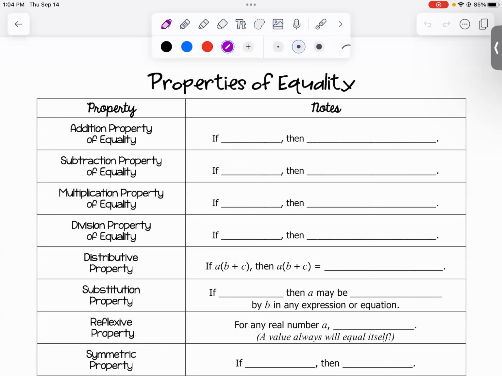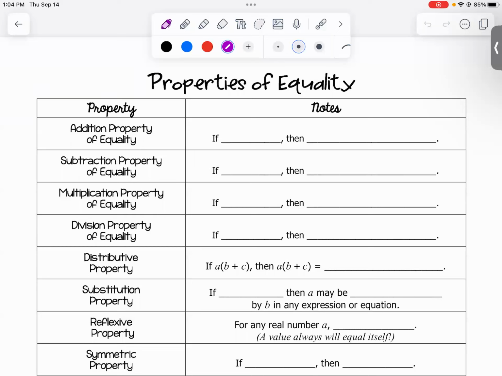Okay, so when we write a proof, we have to justify every step. Why did you do what you just did? So we need to talk about some properties.